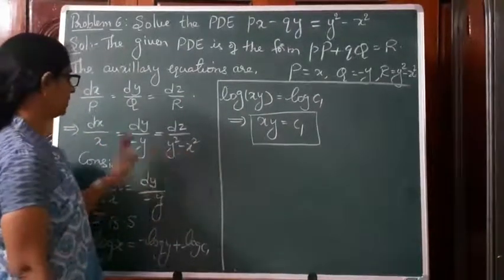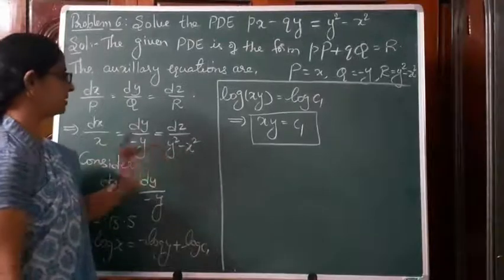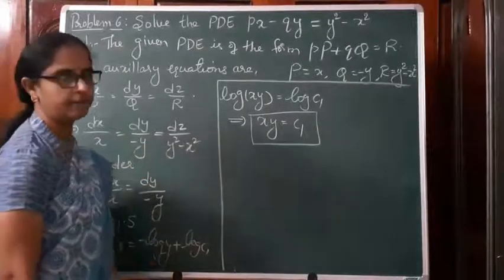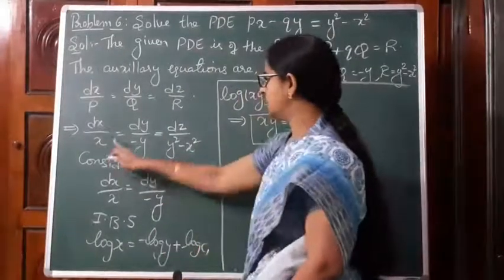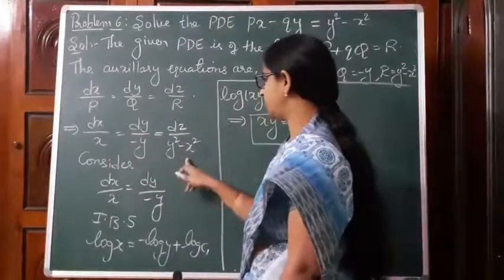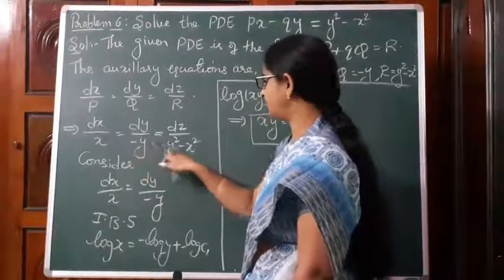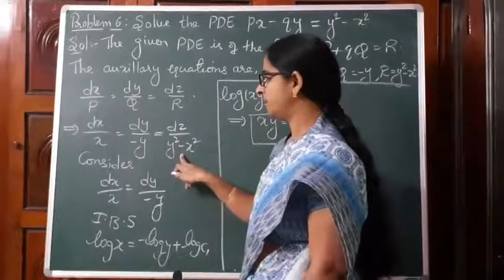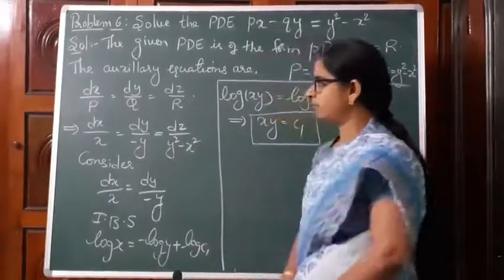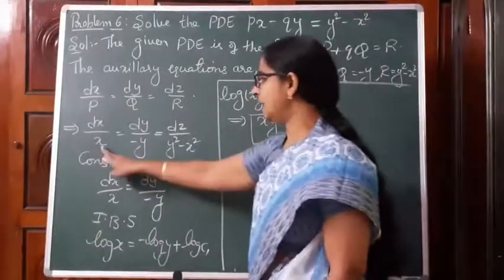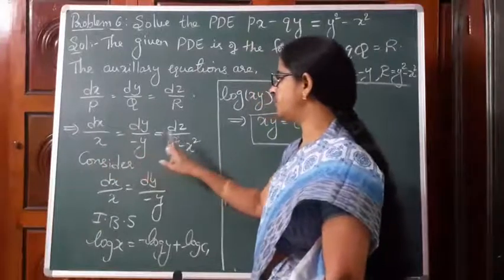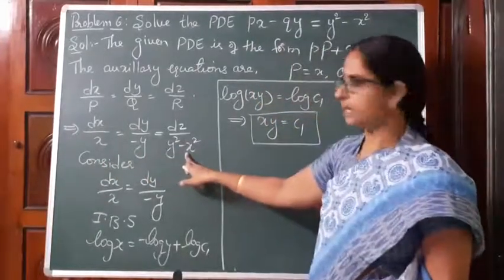So from these two terms we obtain one solution. Now check whether you can equate any other two terms and directly integrate to find the solution. Let us see, 1 and 3 we cannot simplify. Even 2 and 3 we cannot simplify. So we will go for the method of multipliers. How do we choose multipliers? Such that l P + m Q + n R is equal to 0.